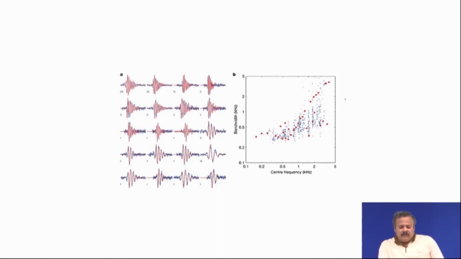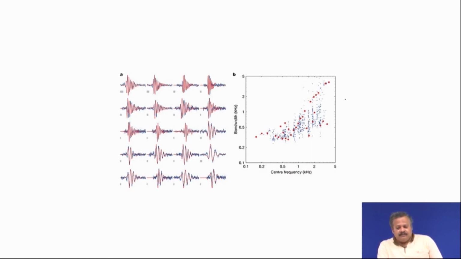This is based on otoacoustic emissions, so you can get an estimate of the filtering, and that is similar to what is obtained in terms of the kernel's properties using the same theoretical principles.